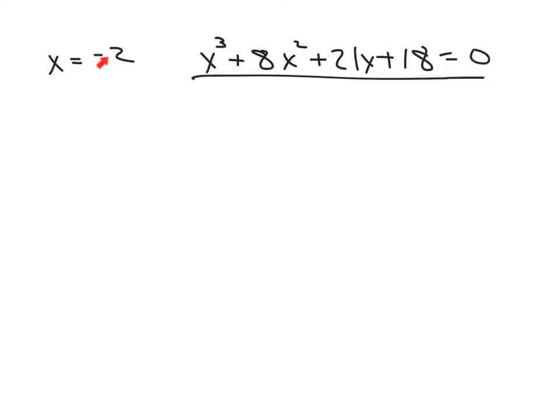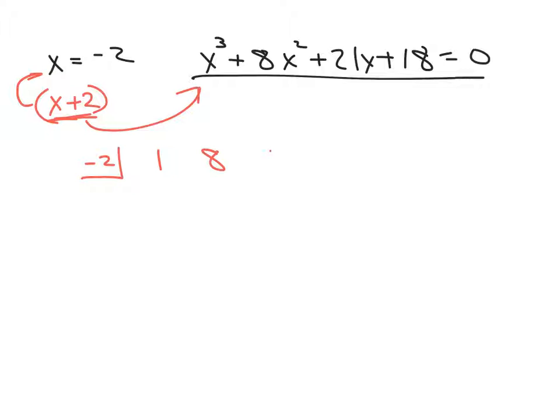Well, if x equals -2 is a solution, then x plus 2 is a factor. Because if we were dividing this into this, and if -2 was an answer, that means we put -2 in here and we put 1, 8, 21, 18. Okay, let's just go ahead and try this.